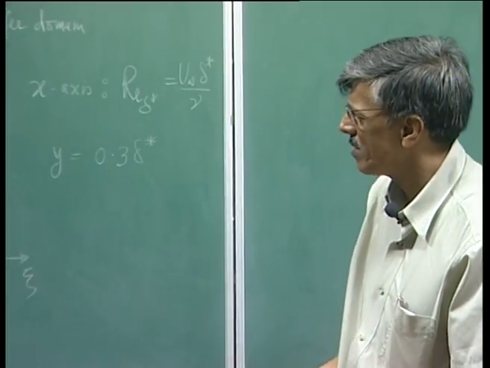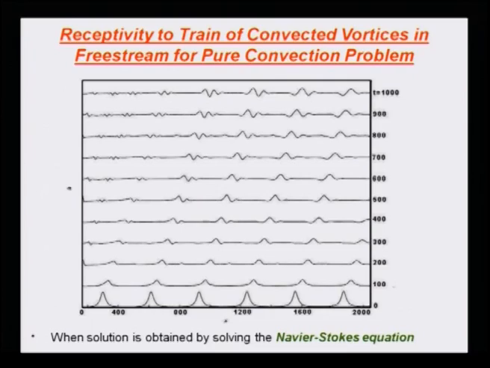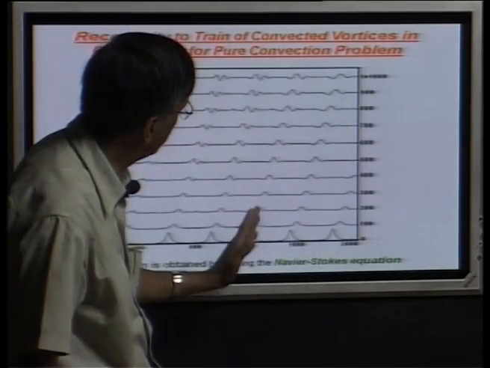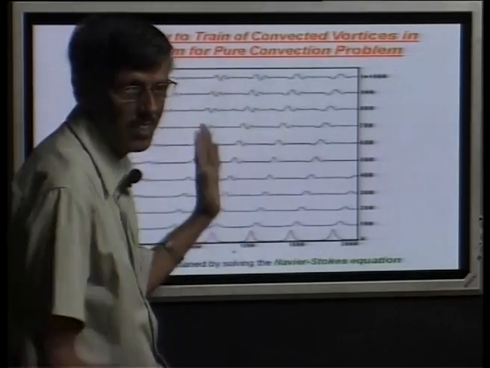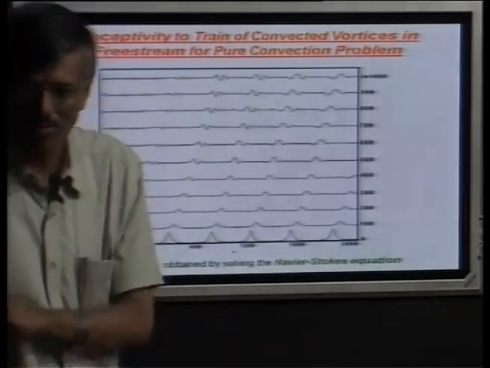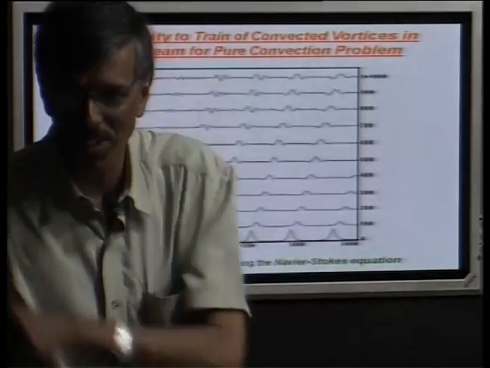So if you look at it, the disturbances are of course going like this. That's why purposely we have drawn in this manner. So if I join the peak, then it looks like this. So that gives you some value of C. Is that C corresponding to the imposed C?